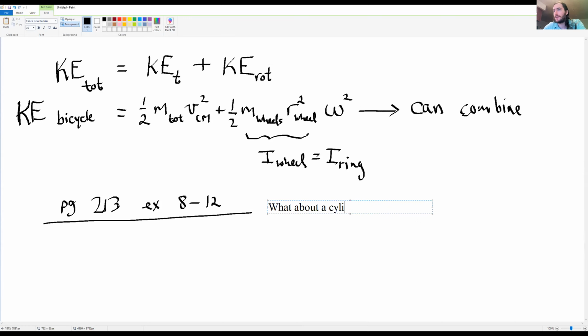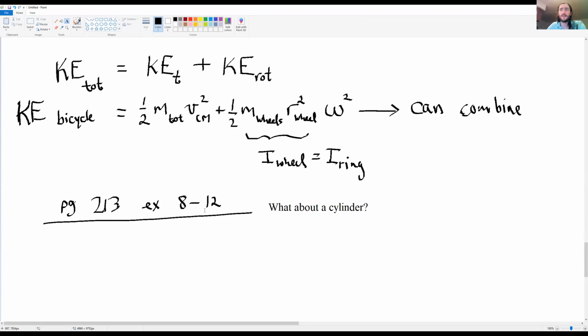What about a cylinder? So the problem, this example 8-12, what you're doing is you're taking a look at a sphere rolling down an inclined plane. If you have a sphere rolling down an inclined plane, well, it's moving down the plane, right? But it's also rotating. So it has translational kinetic energy, it has rotational kinetic energy, and it has gravitational potential energy.